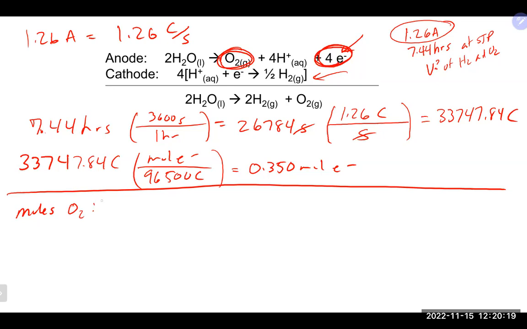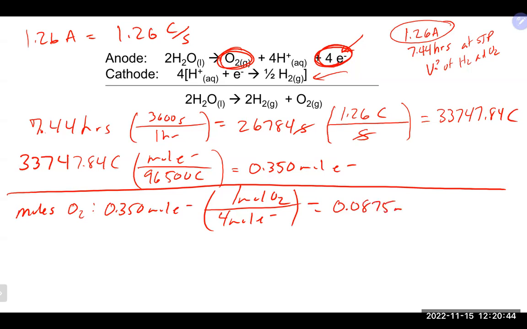So we'll go with 0.350 moles of electrons, using this stoichiometry from the half reaction. 4 moles of electrons gives us 1 mole of O2. That would get us this divided by 4, which is 0.0875 moles of oxygen.